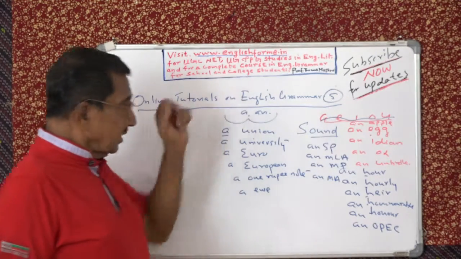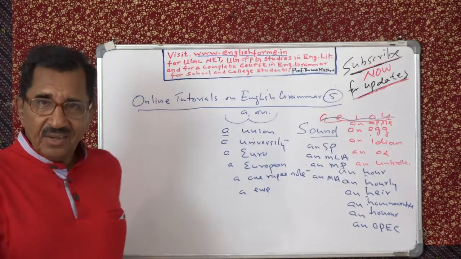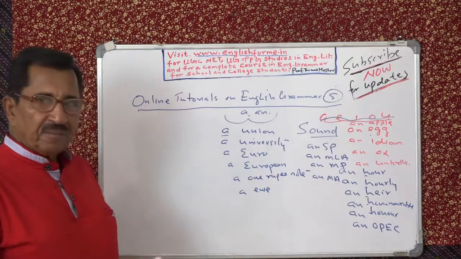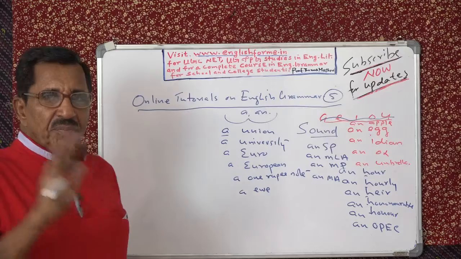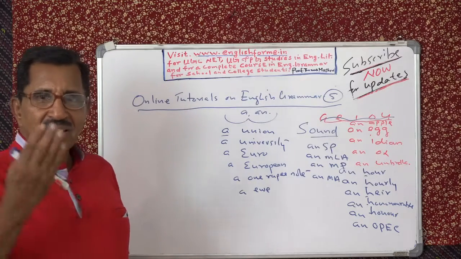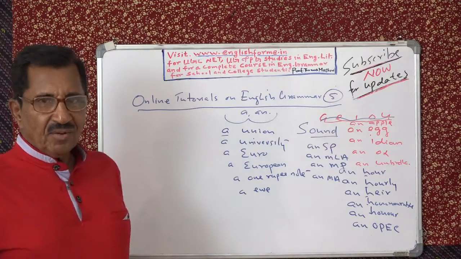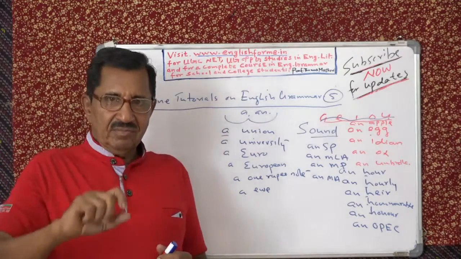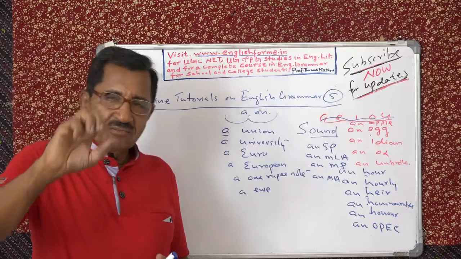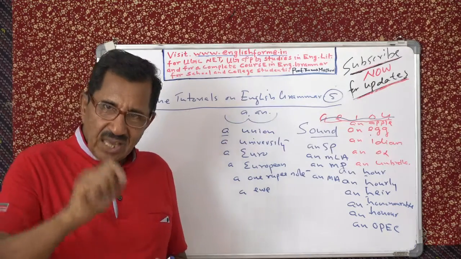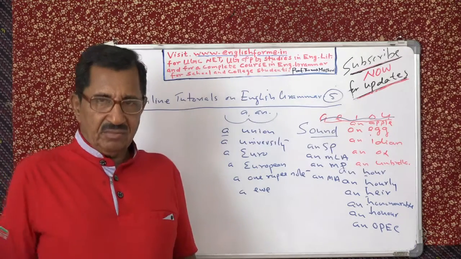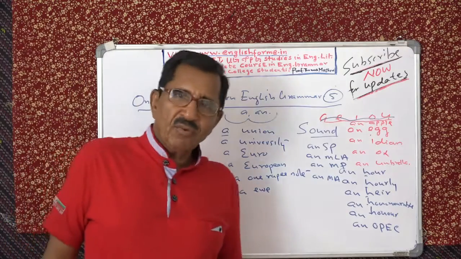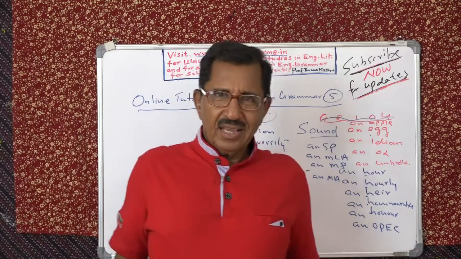But what about here? Here you have got a vowel letter. Please don't be misled by the vowel letter. Always be led by the sound. How does the word begin, with a vowel sound or a consonant sound? What is a vowel sound? Simple.